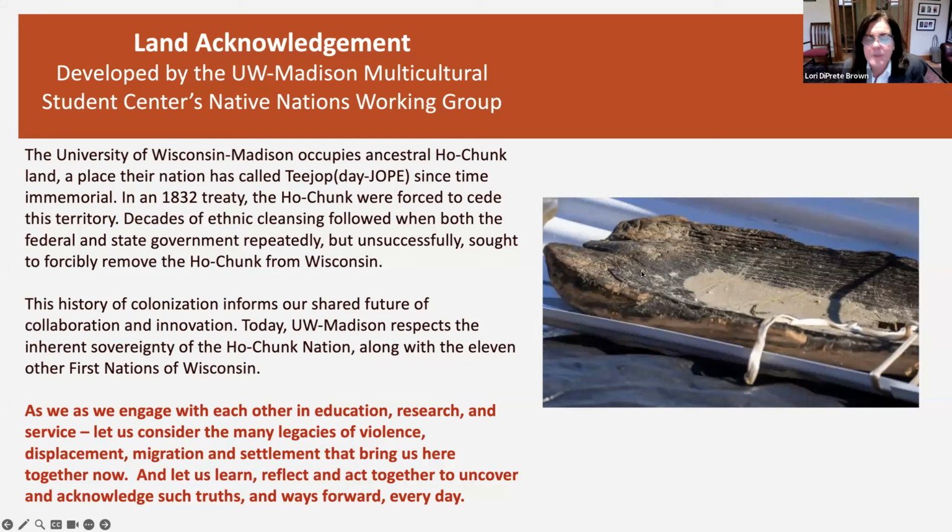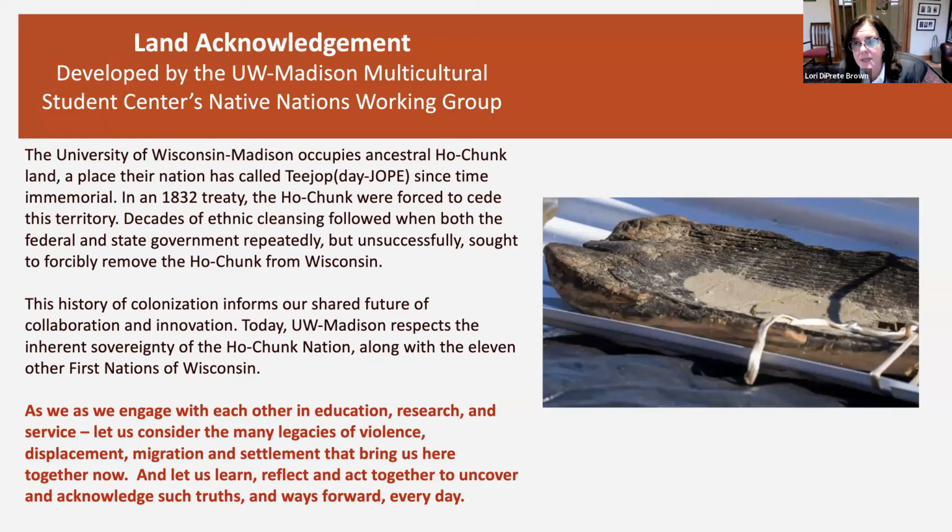And the Ho-Chunk people have been here for thousands of years, and there's a history of colonization that informs what we do together now. UW-Madison respects the sovereignty of the Ho-Chunk Nation and the other First Nations, but there's still really work to be done to work with that historical perspective in mind.